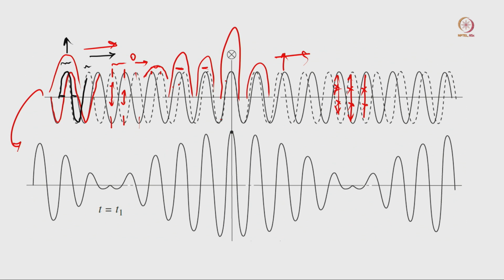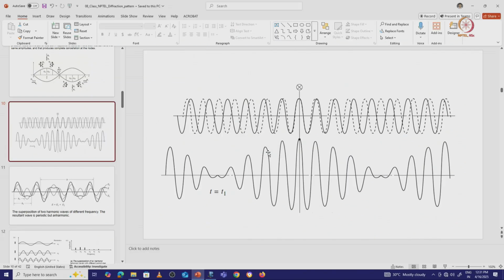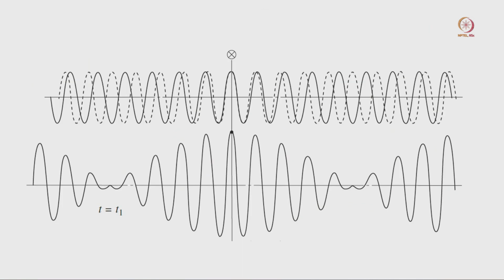Now if you look at this particular wave, the resultant wave is this one, and you can see that when two waves are completely merged together, the dotted wave and the black wave, they give a very high amplitude in this particular zone.